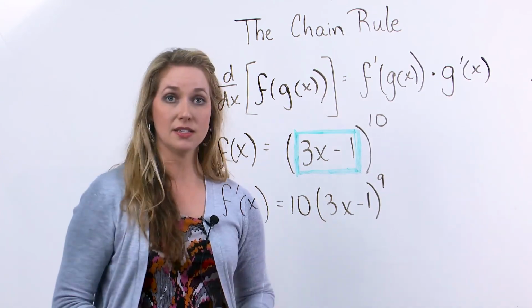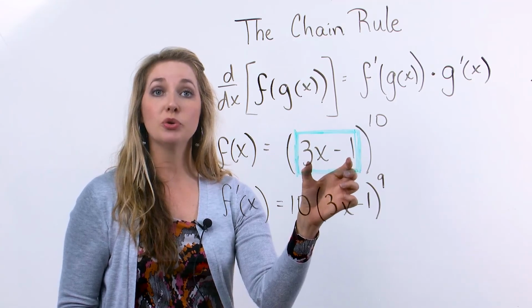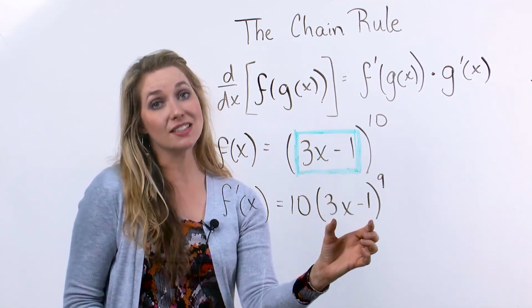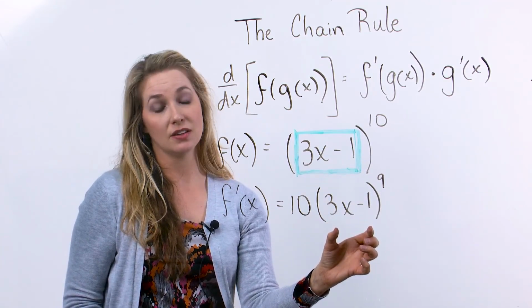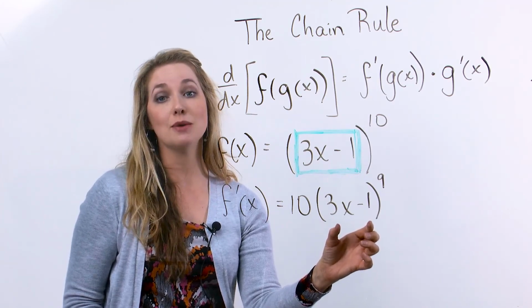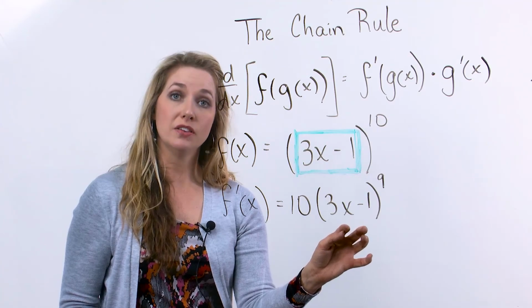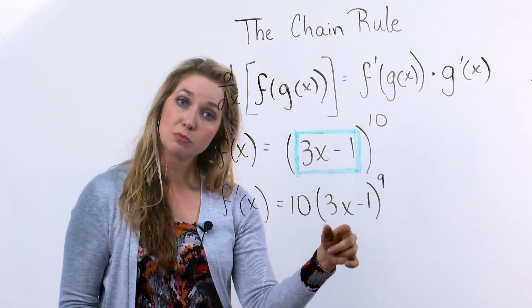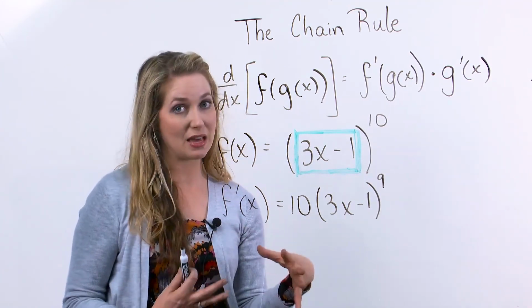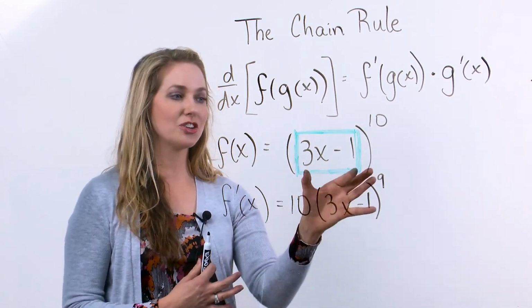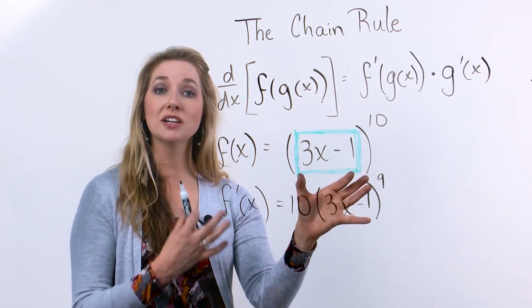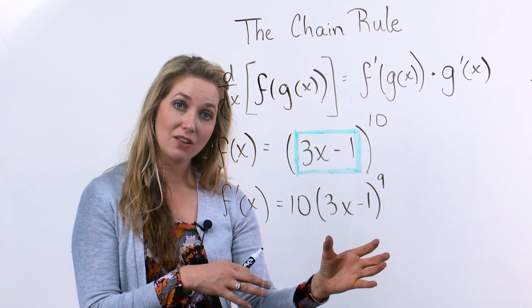Now you'll notice that the function that was embedded previously is still the embedded function. I didn't change the embedded function. A common mistake is to put the derivative in here where the function was embedded previously, but we don't want to make that mistake. The same function that was embedded before taking the derivative is also the embedded function after taking the derivative.